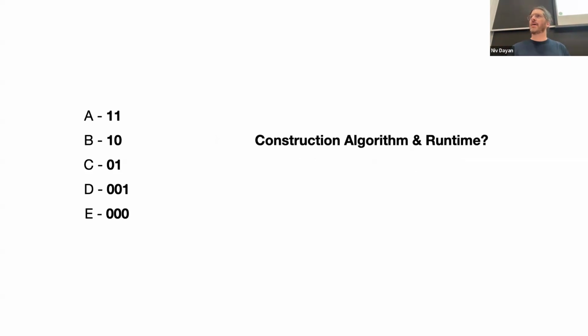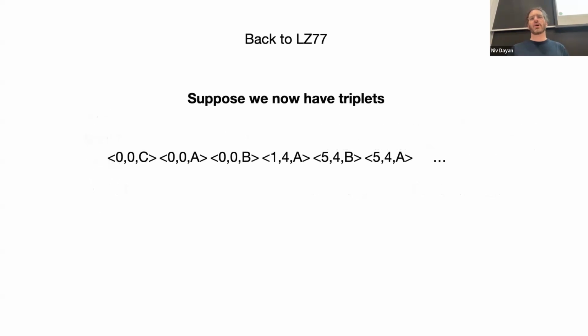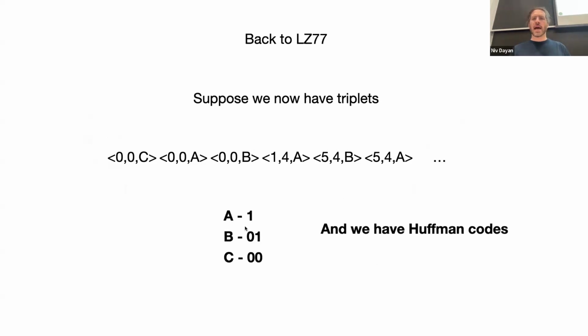All right, what are some of the overheads here? Okay, so to construct this thing, we need to have a priority queue and pop the priority queue. So if we have S unique symbols we're trying to encode, the overall runtime is S times log S. So that's the construction time. Now suppose these are my triplets from the LZ77.